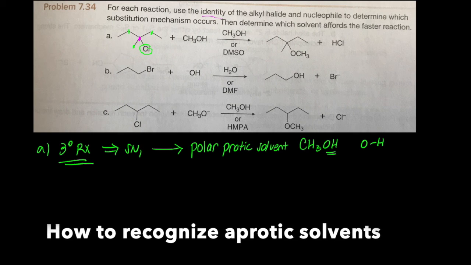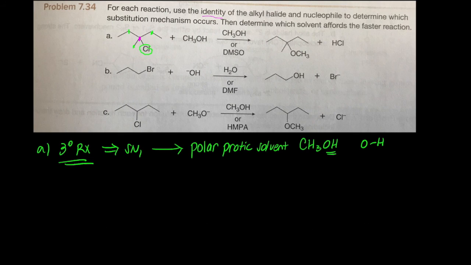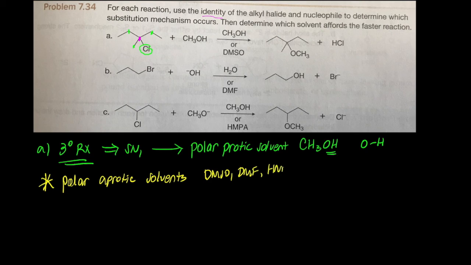Now, what is this thing DMSO? All of your polar aprotic solvents are going to be your alphabet soup abbreviated things, okay? So keep that in mind. You don't need to memorize them, I don't think. Depends on your professor. But polar aprotic solvents are going to be your DMSO, DMF, HMPA.